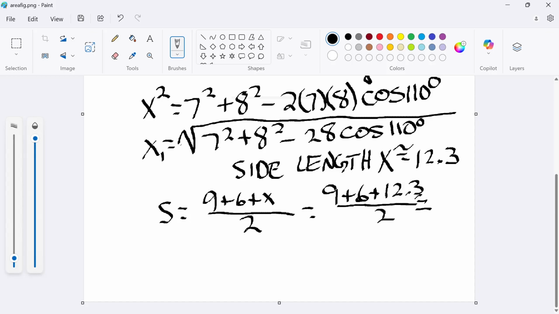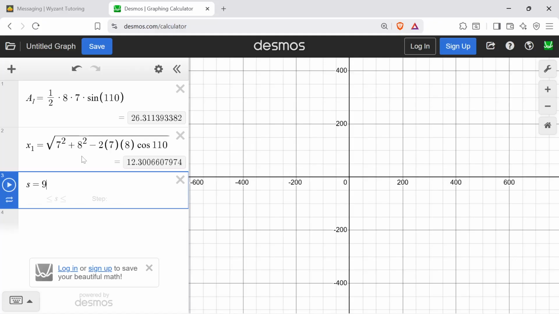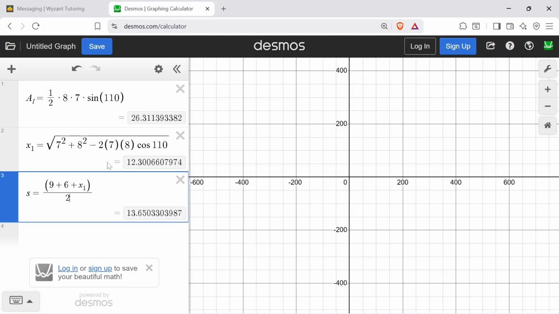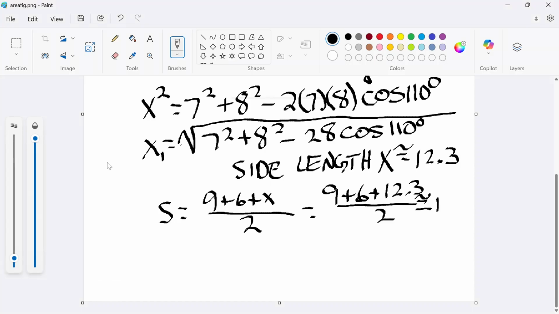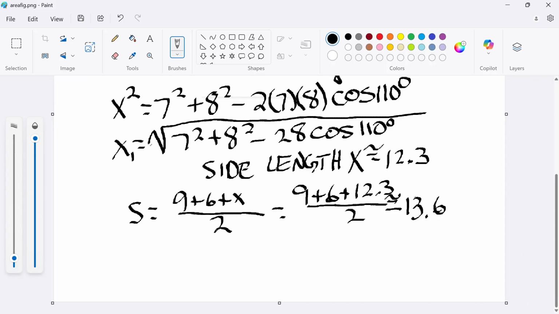I'll just call it S, equals 9 plus 6 plus x1, and that whole thing has to be divided by 2. And it's approximately 13.65.